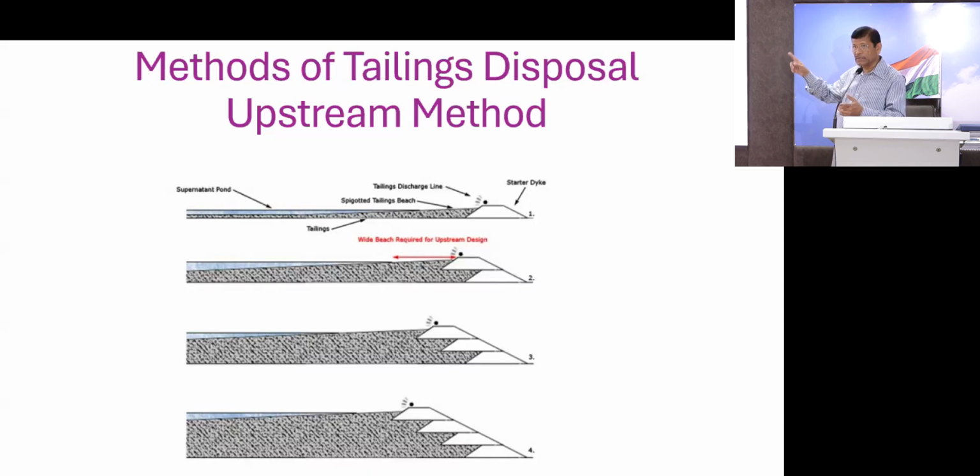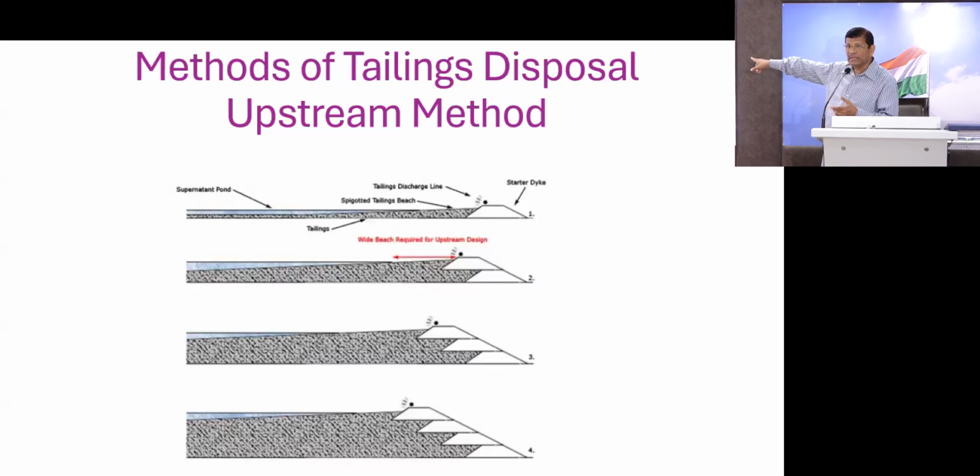In this method, the beach width is important, because if there is no beach width, what happens? The water comes in contact with the dike very soon. Then we go to the next stage. In the next stage, you can see that this part is the dam, and the rest is the tailings.